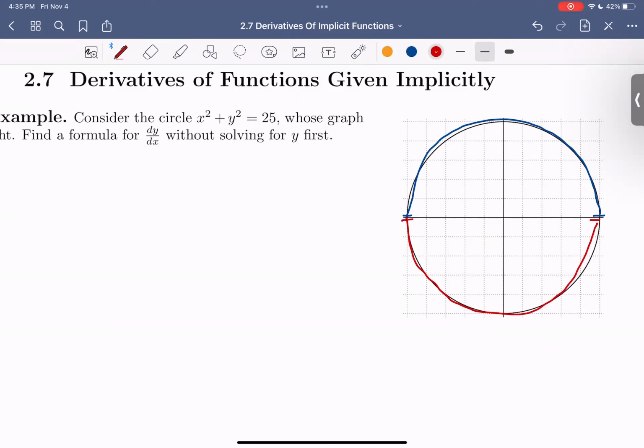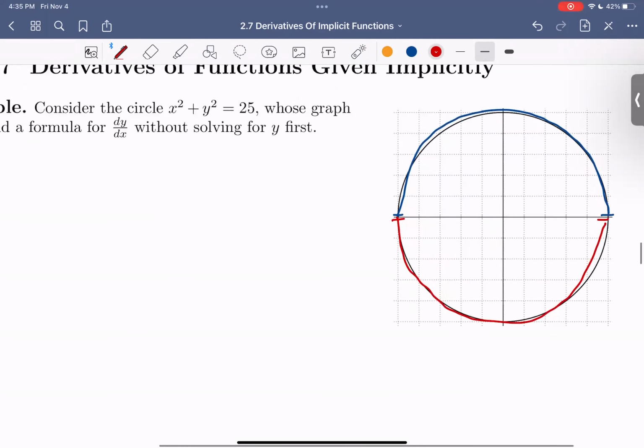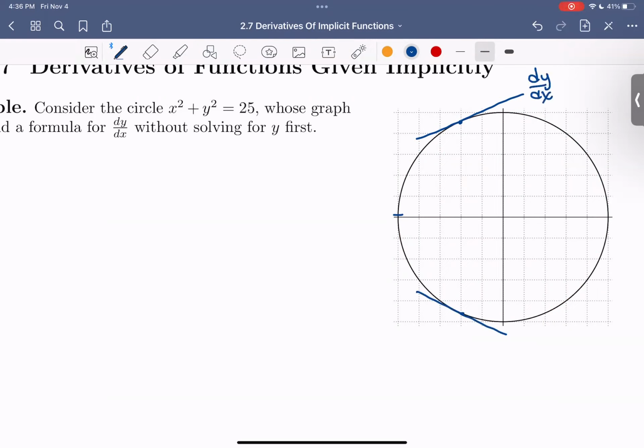So we could see this graph as being two functions of x, where in one case the outputs are positive, in the other case the outputs are negative. But regardless, we can still talk about how this graph changes. If we look at a point, we still have a tangent line here. And at this point, maybe on the negative side, we still have a tangent line. So we still can compute things like the derivative of y with respect to x.